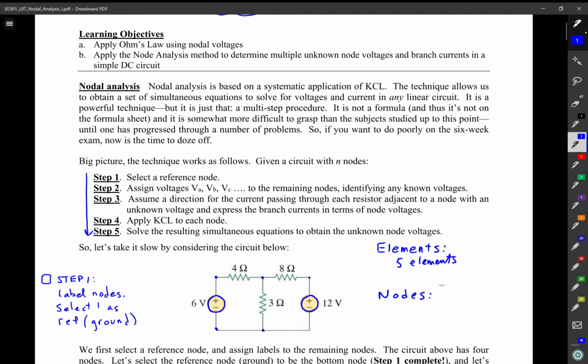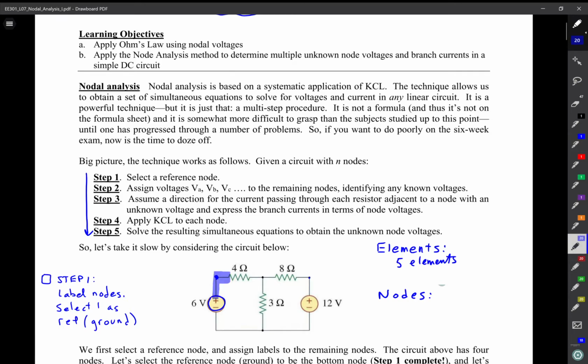Now, how many nodes do we have in this circuit? I'm just going to go ahead and erase all this so that we show it with clarity. Well, again, a node is a point at which 2 or more elements have a common connection. Okay, so here's a common connection between the 6 volt voltage source and the 4 ohm resistor. So this is a node.